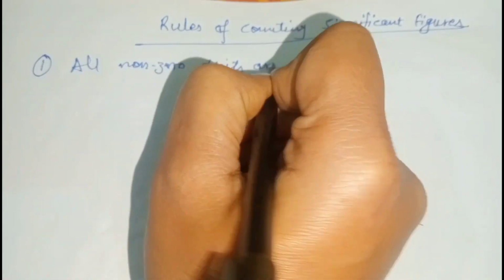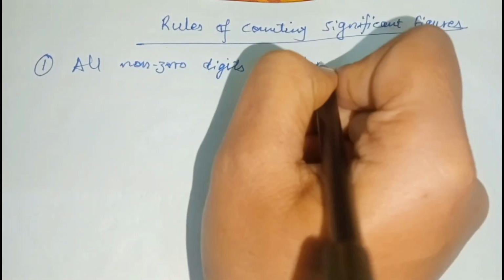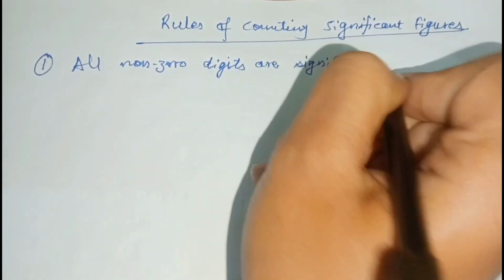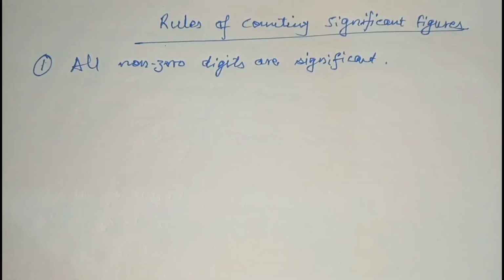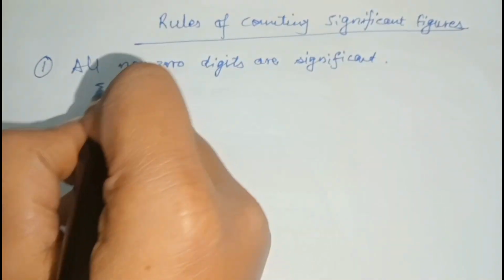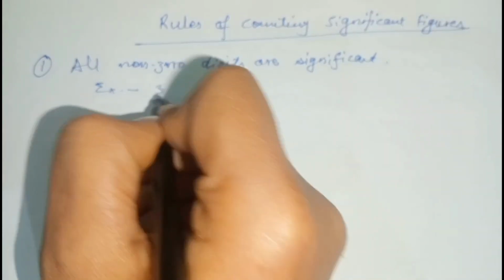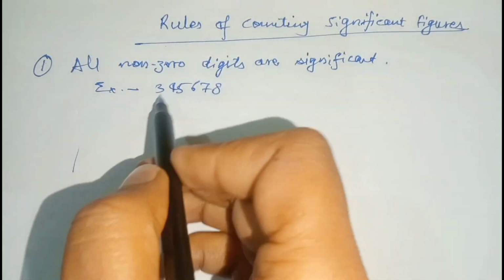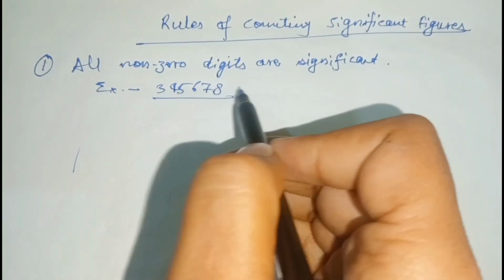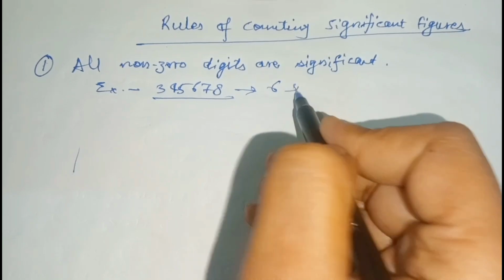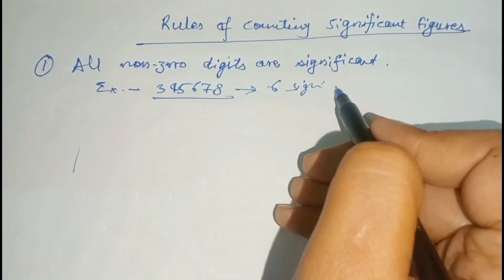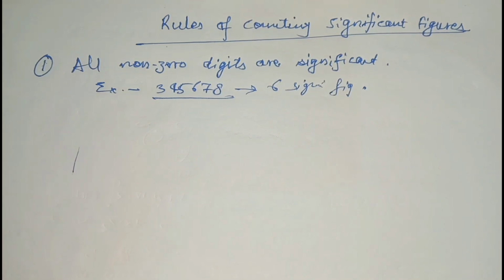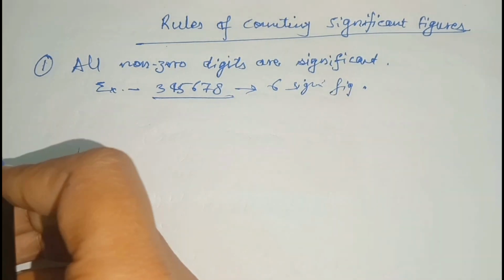For example, take 345678. These are all non-zero, so it has 6 significant figures. All non-zero digits are significant.